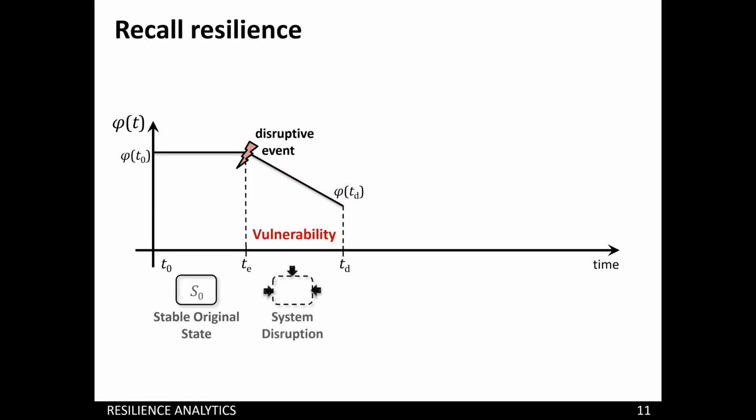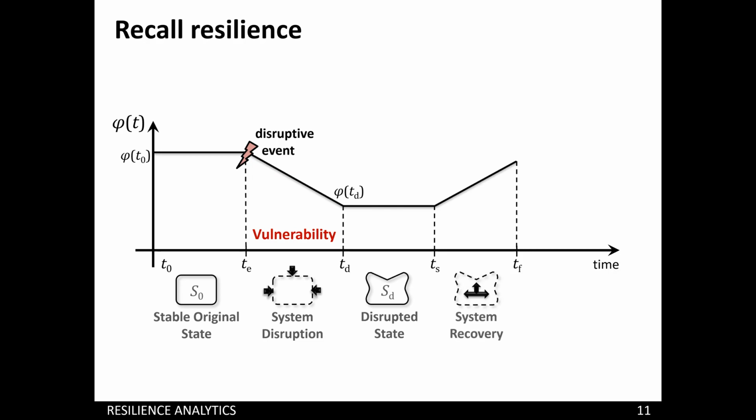And we refer to that drop in performance as vulnerability, broadly speaking. And then after some amount of time, we start to see some improvement in that performance, some sort of recovery, which we refer to as recoverability, until we achieve some sort of desired stable recovered state, okay, which may or may not be the original state.